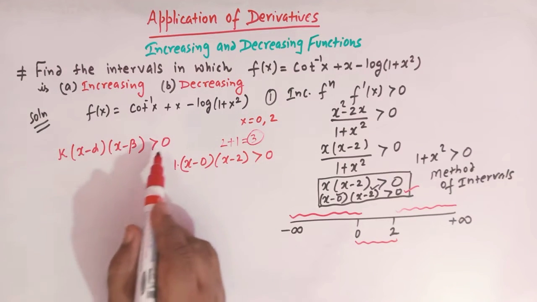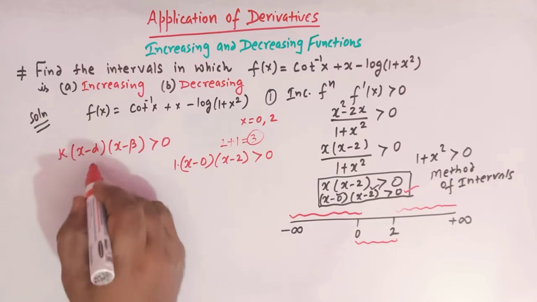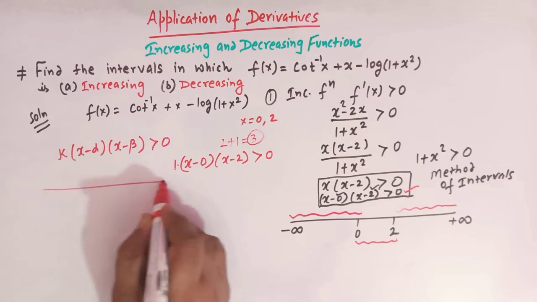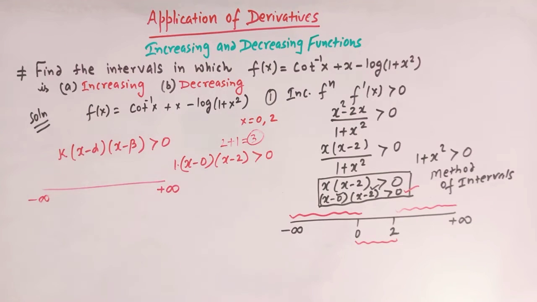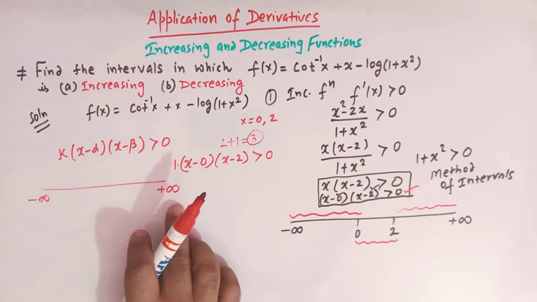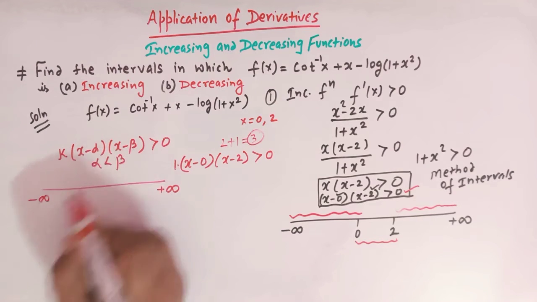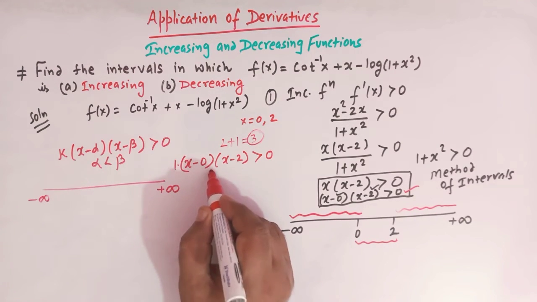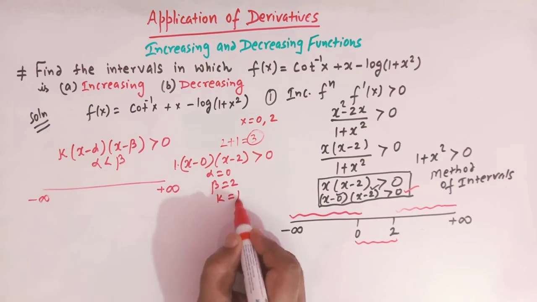Whenever we have this type of inequality, we take the real number line from minus infinity to plus infinity, and we plot these two stationary points on it, provided that alpha is less than beta. In this case alpha is 0, beta is 2, and k is 1.